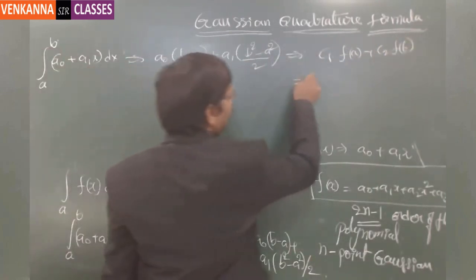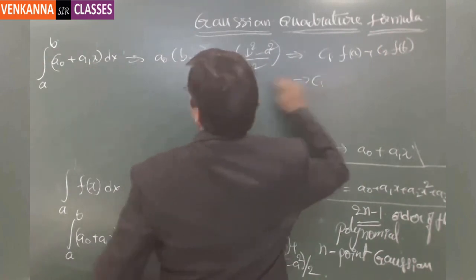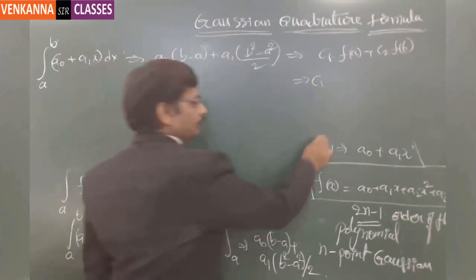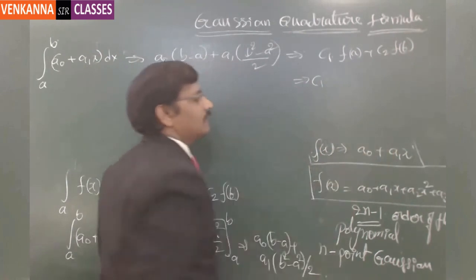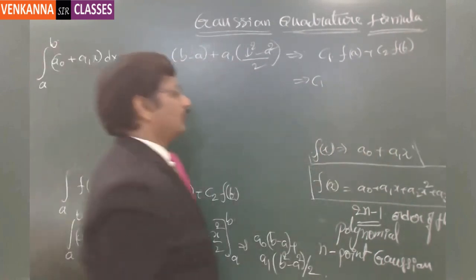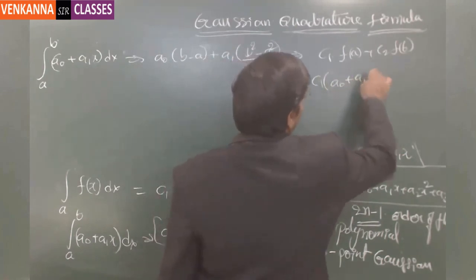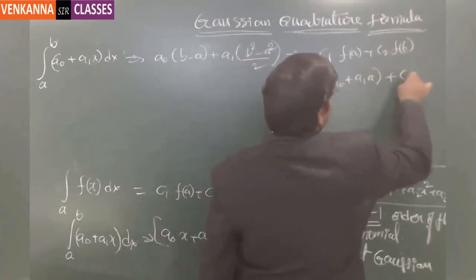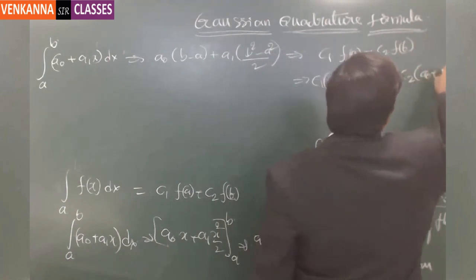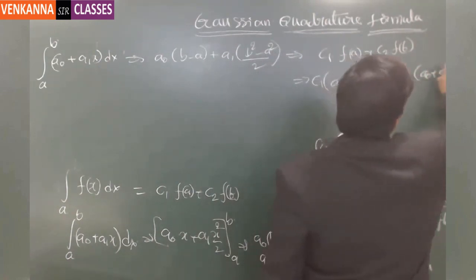Here c1 f of a, where the f of x function is given by a0 plus a1 into x. Now if you put x is equal to a, then this is going to be c1 into a0 plus a1 into a, plus c2 into a0 plus a1 into b.